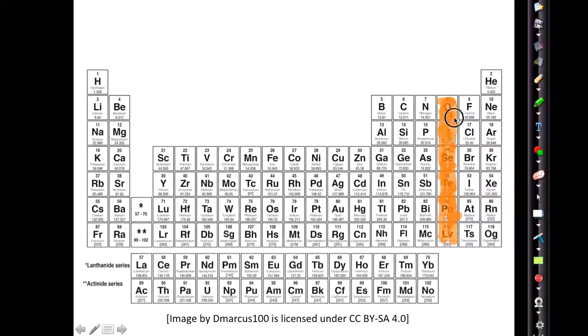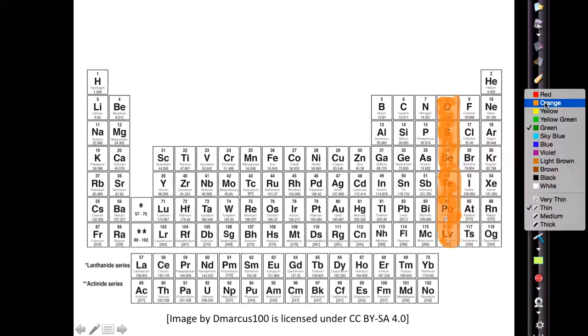So as I said earlier, when arranged in order of increasing atomic number, we expect that the elements in the same columns, the same group or family, will have similar chemical characteristics, similar properties. And this is in large part due to the fact that the elements in the same column have the same number of valence electrons.